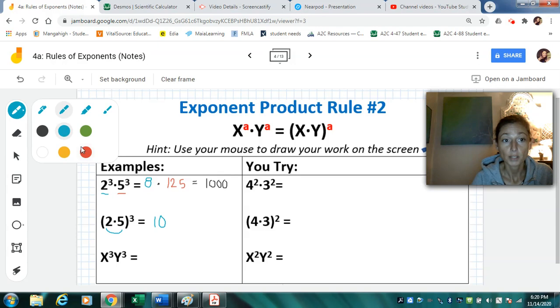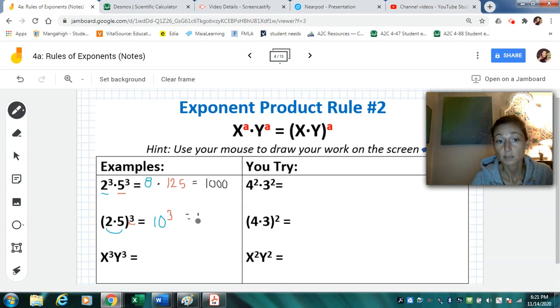And then we're going to cube it. 10 times 10 times 10 also makes 1,000. And so those two expressions make the same thing as each other.